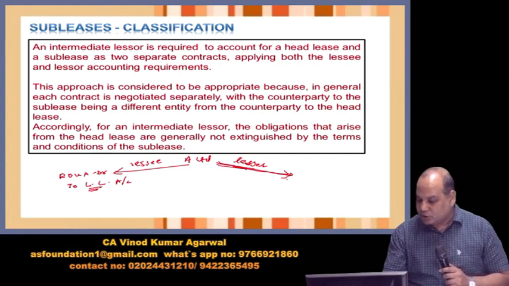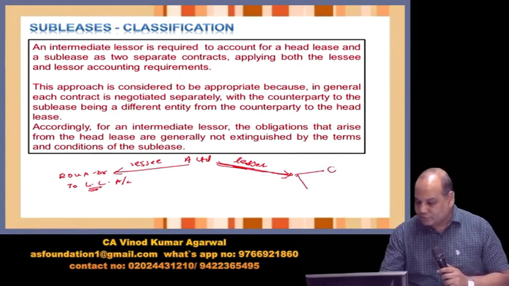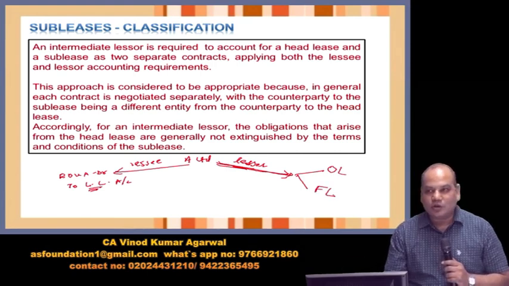And with respect to this as a lessor, I will have to check whether this lease is an operating lease or a finance lease. Because as a lessor I have two types of leases.